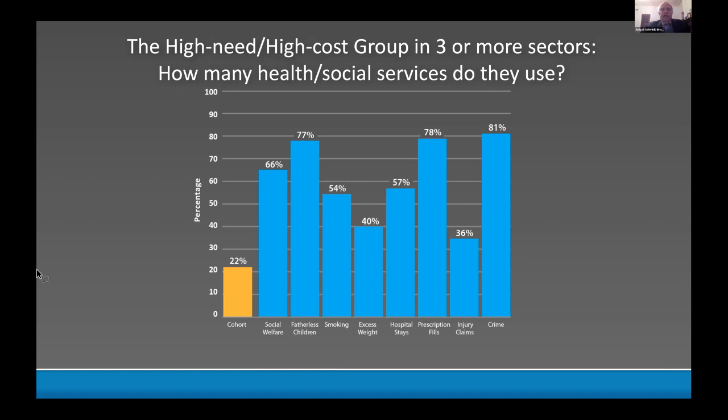So you can see that 66% of all the social welfare cases, 81% of the crime, 77% of fatherless families, fatherless children, I should say, and use of drugs and many prescription drugs. So they're a serious social burden.